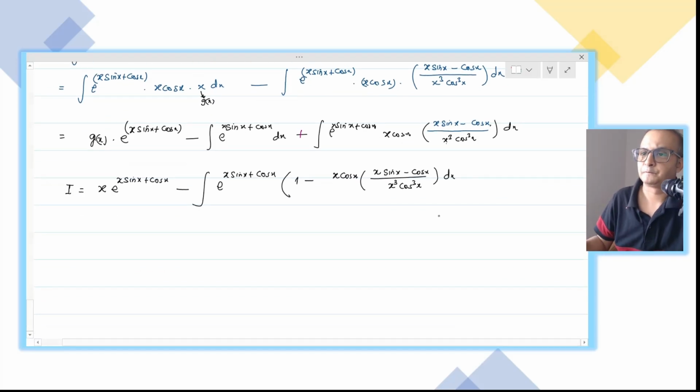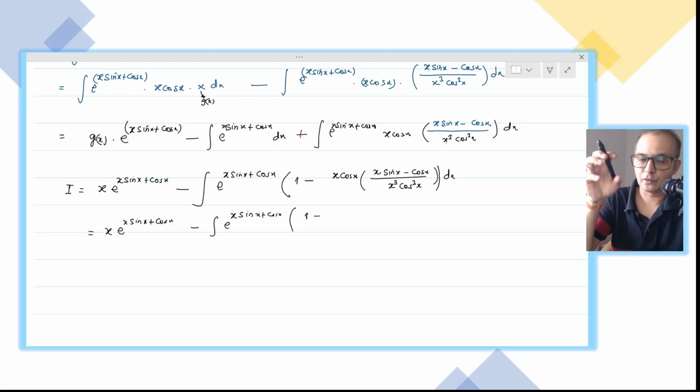Now notice one thing. If you understand the structure of the format of this result we have established, you notice what will happen. I need e to the power x sin x, meaning e to the power u(x), so I have it, and after that what I need is u'(x) with g(x), and plus I need g'(x).